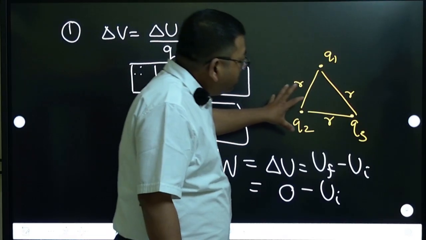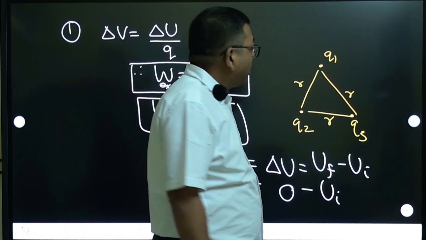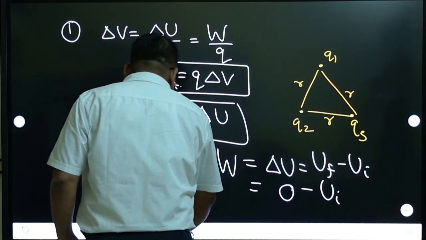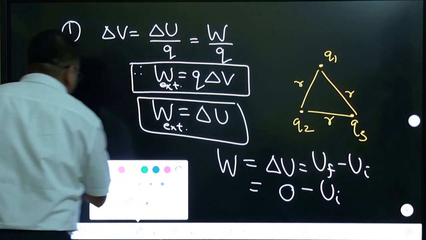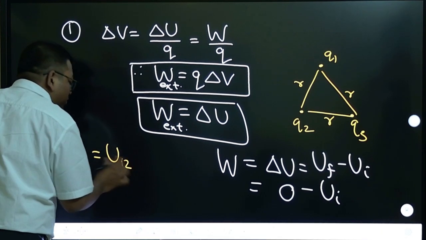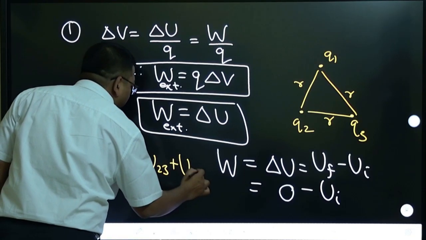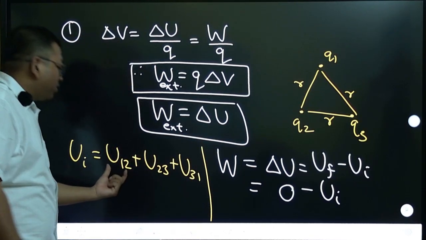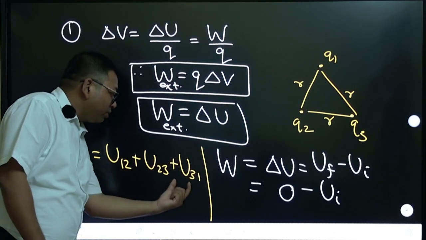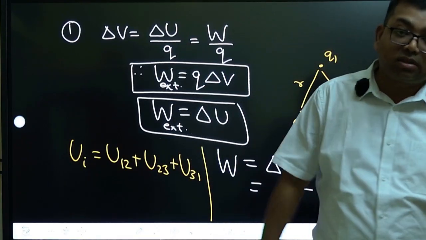Now what is the initial potential energy of this system? If you have to calculate for the system, you have to take pairwise. The initial potential energy of this 3 charge system is charge 1 and 2, charge 2 and 3, charge 3 and 1. So you have to write u12, u23, u31, taking pairs of two different charges.